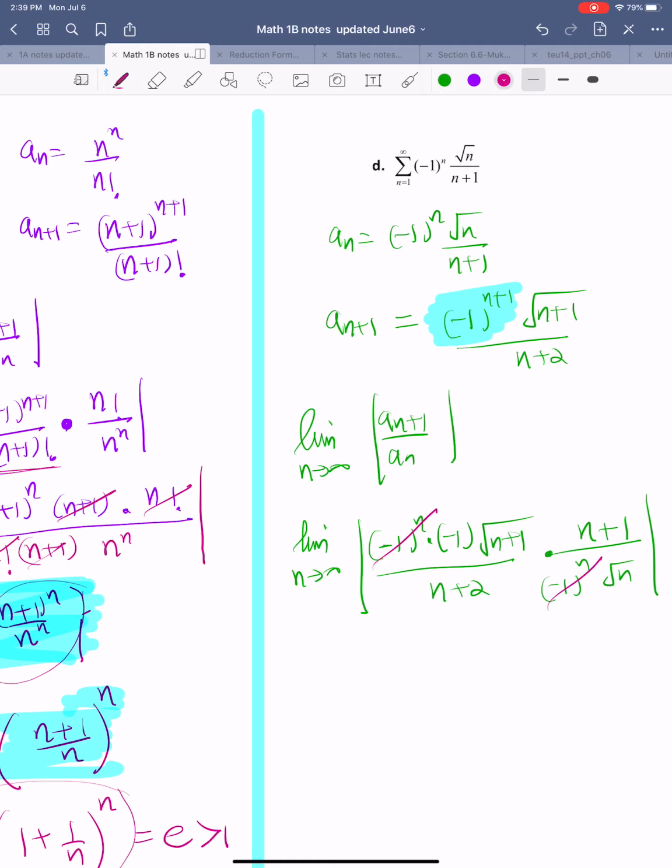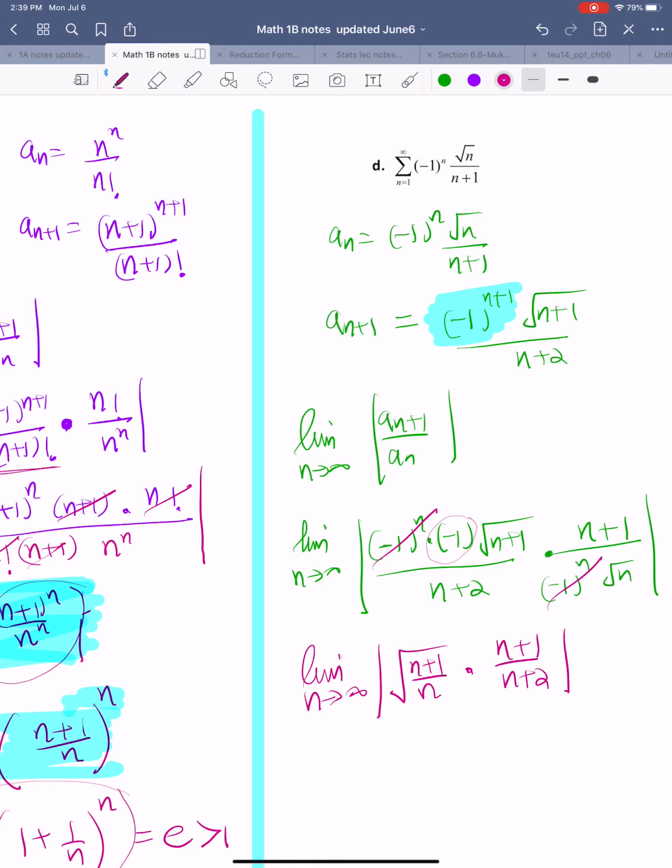These are gone. On the bottom I have n plus 2 and square root of n plus 1. We have a negative 1, but since we're looking at the absolute value, that does not make any difference. So I'm going to write it as square root of n plus 1 over n, times n plus 1 over n plus 2.